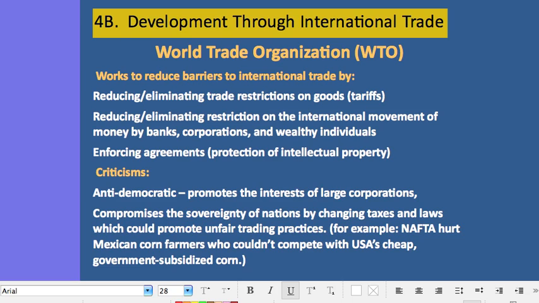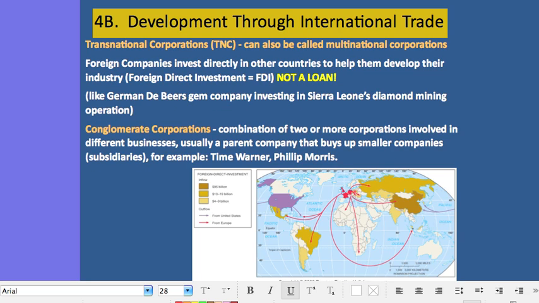Also, as an example, NAFTA, the North American Free Trade Agreement, hurts Mexican corn farmers who couldn't compete with the United States' cheap, government-subsidized corn. So there are some costs. There are some benefits. It allows a larger market for you to sell your product into, not just in your own country, but beyond your country's borders.